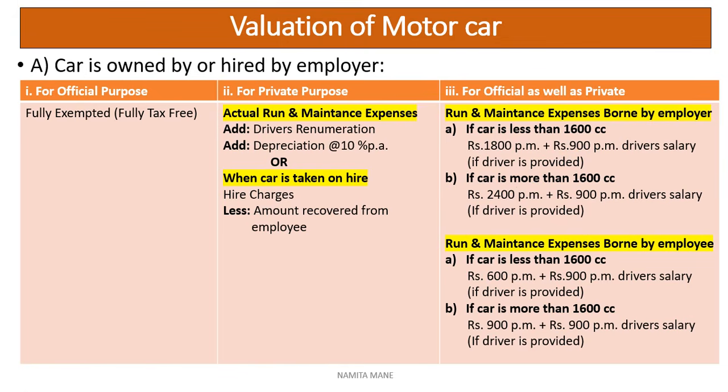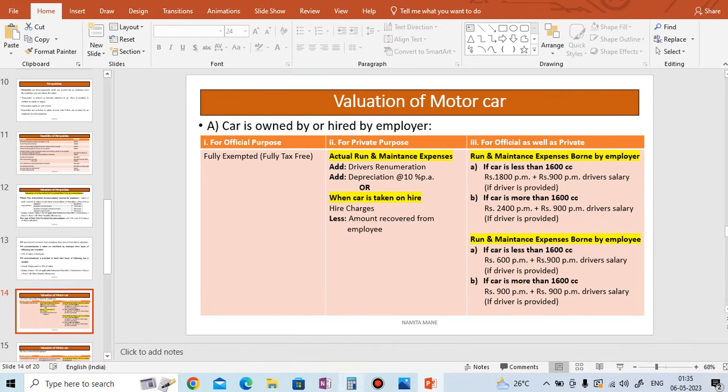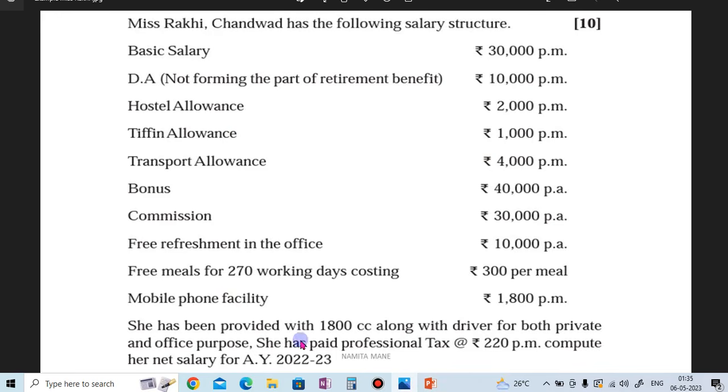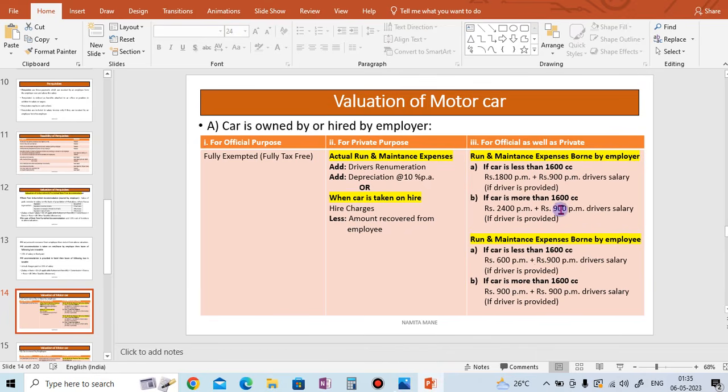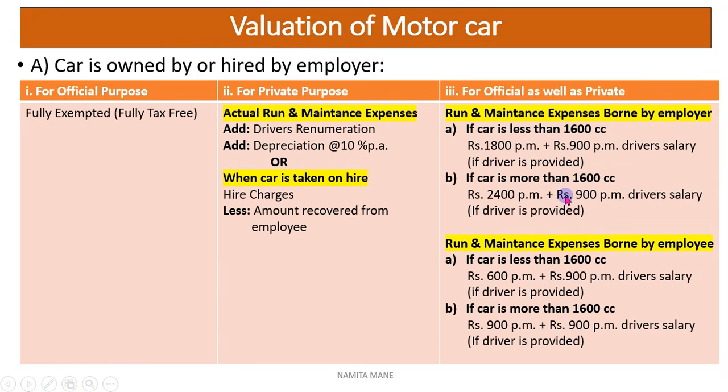The car cc is how much? 1800 cc. It is given in the example. See, in the question the car cc is 1800, so that means it is more than 1600. So what will be the value? 24,000 per month plus 900 per month driver's salary. And if the running and maintenance expenses are borne by the employee, it will be 900 per month plus 900 per month driver's salary. Okay.